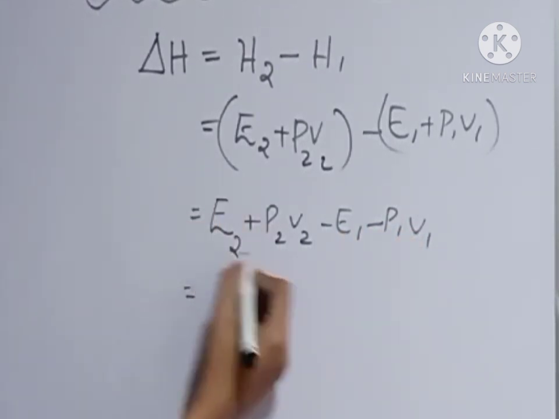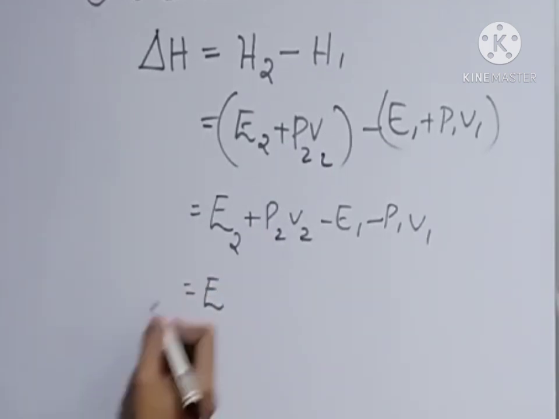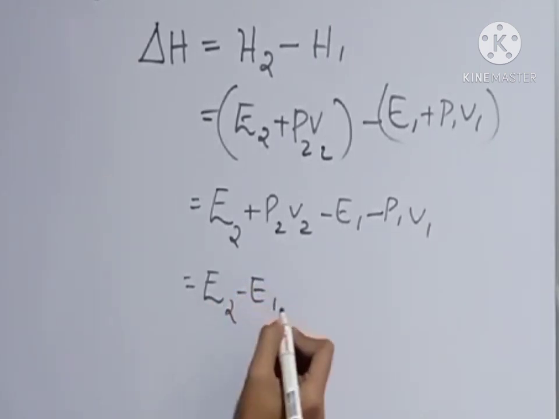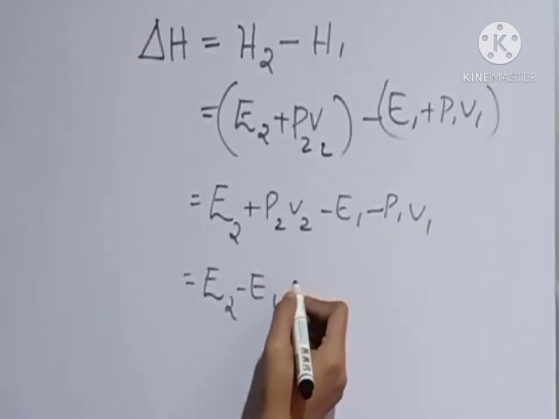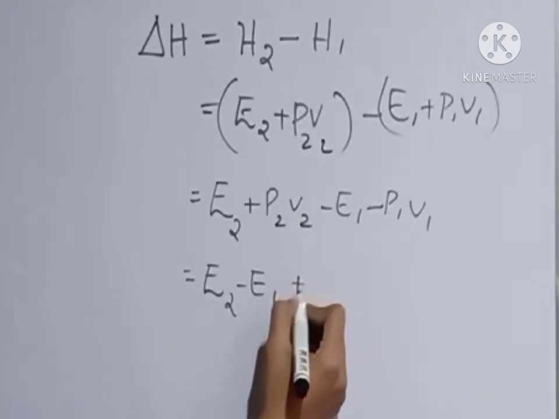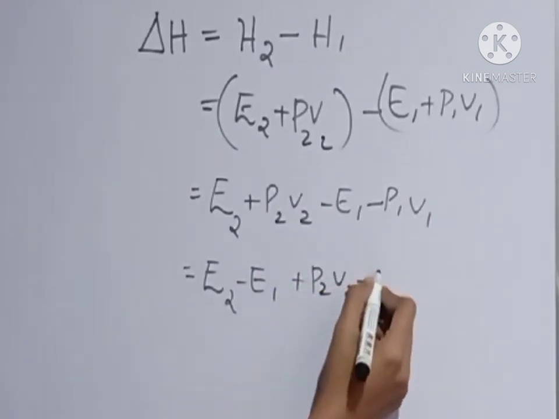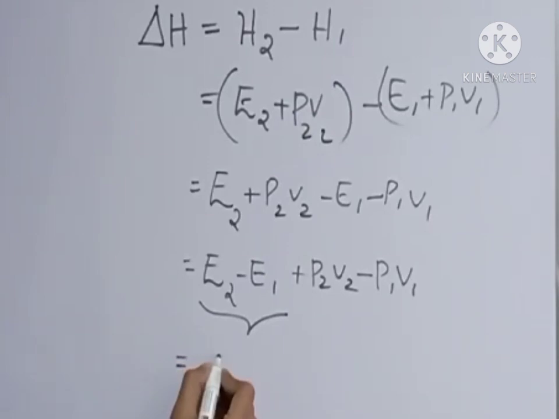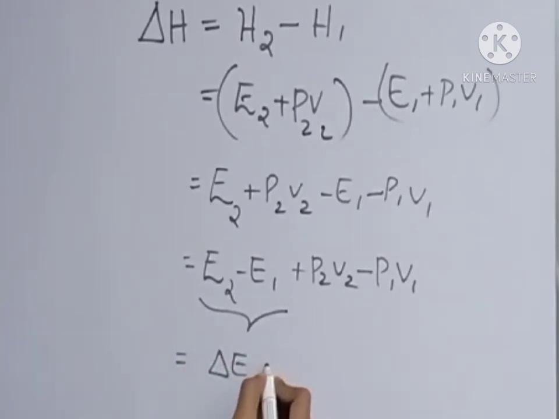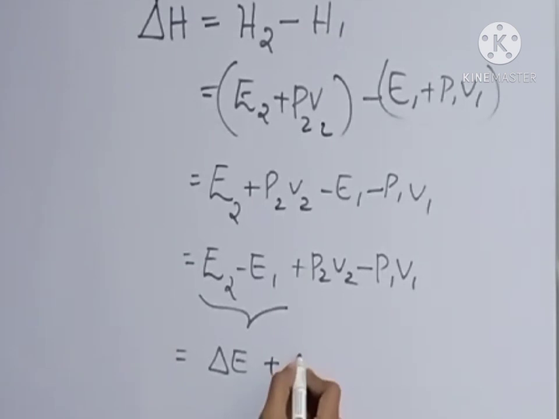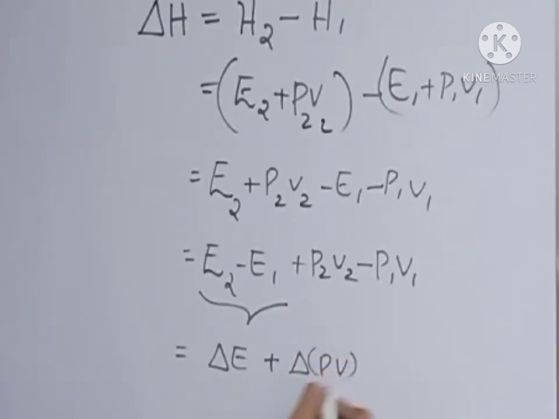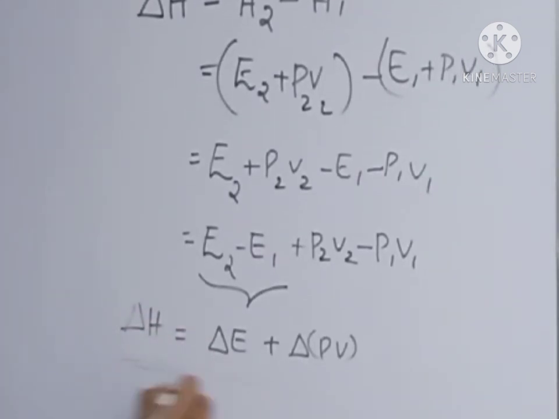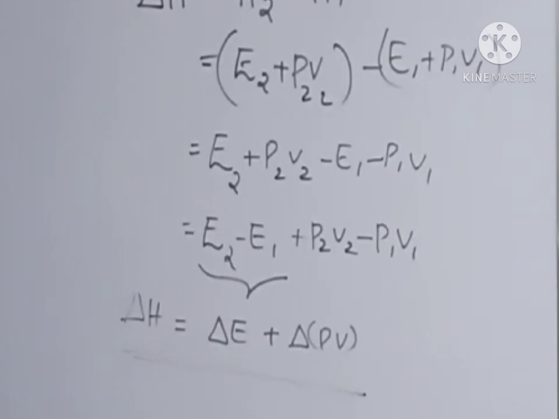I am going to rewrite it by writing the two energies together, that is E2 minus E1, and the pressure volume terms together, that is plus P2 V2 minus P1 V1. This is the energy change, that is delta E, and this is delta PV. This is the relation between enthalpy change and the energy change.